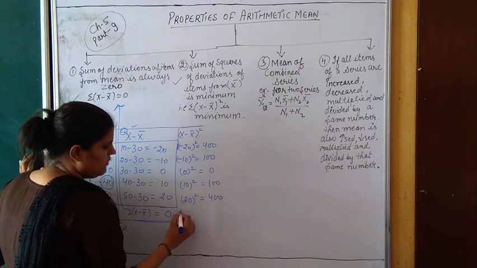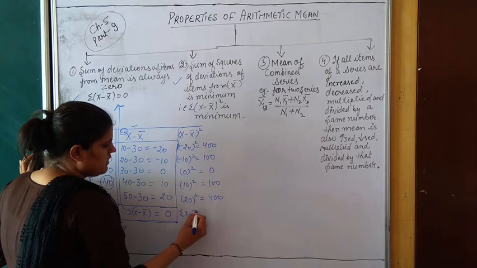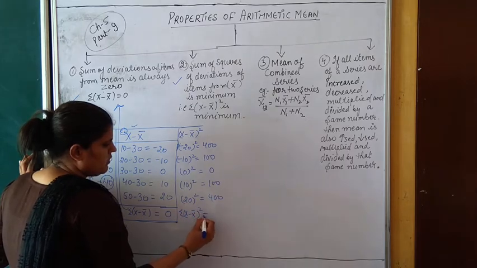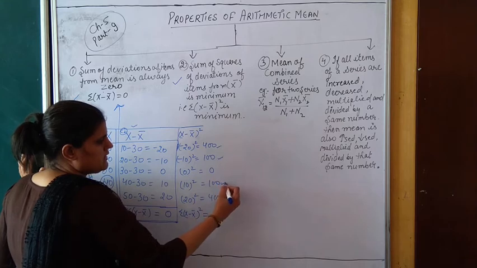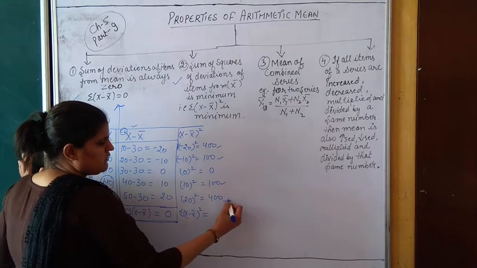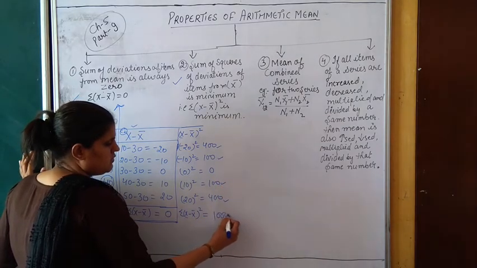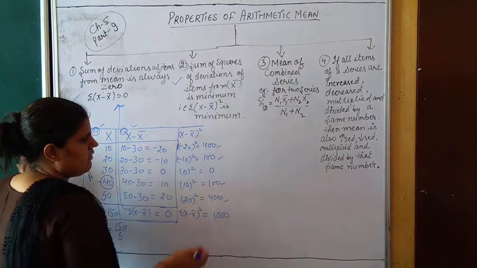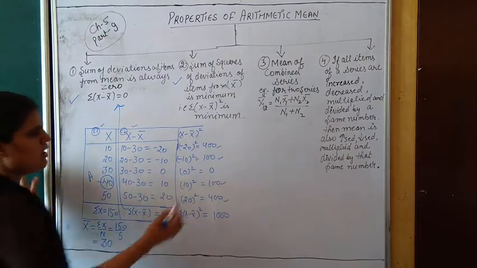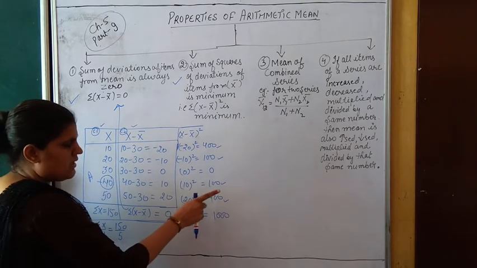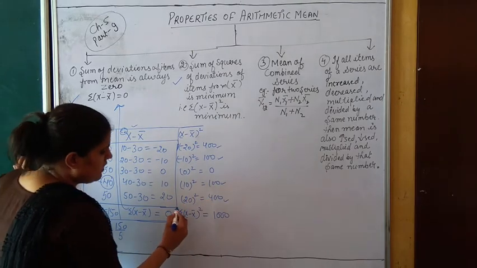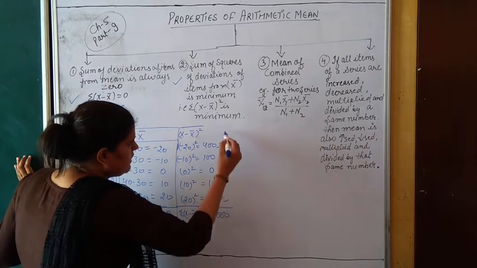So when I take the sigma of (x minus x bar) whole squared, what do I get? 400 plus 100, 500, 500 plus 100, 600, 600 plus 400, that is 1000. So when I add these values, I get 1000. Clear, बच्चे?